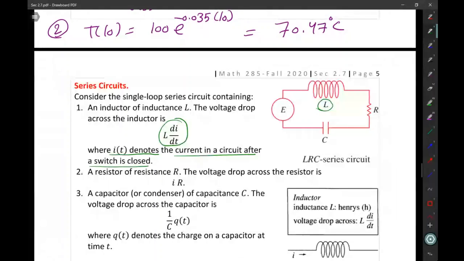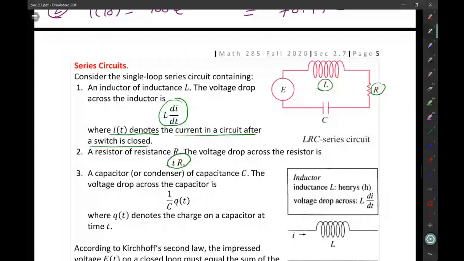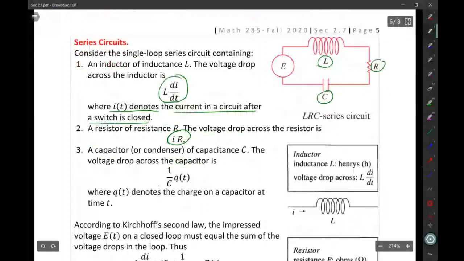Okay. Now a resistor of resistance R, the voltage drop across the resistor is I times R. The capacitor or condenser of capacitance C, the voltage drop across the capacitor is 1 by C times Q of t, but what does Q of t denote?